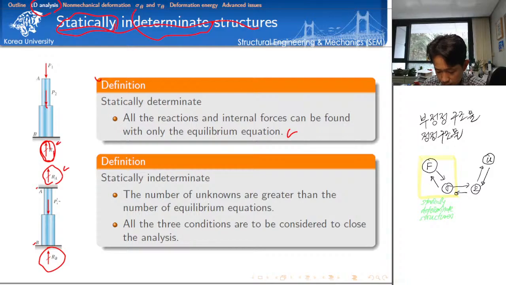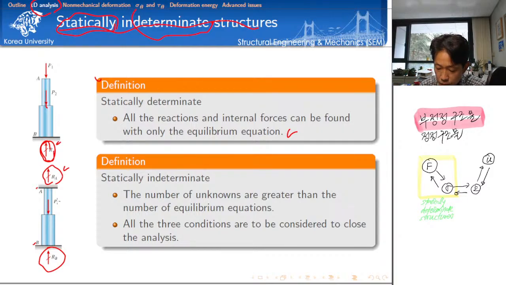Okay. And how about the statically indeterminate structures? The statically indeterminate structures is not something else, okay? It represents just general structures. In the case of general structures, we cannot finish our analysis by using only the force equilibrium.